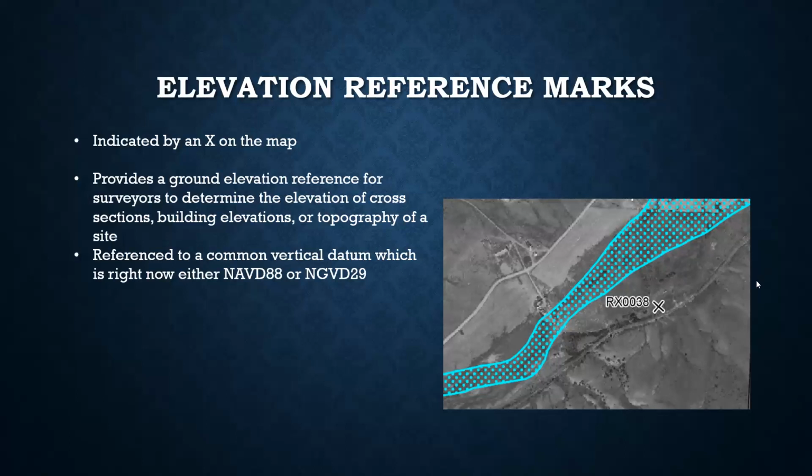This provides a ground elevation reference for surveyors to determine elevation of cross sections, building elevations, or topography of a site. Currently, you might have one of two vertical datums referenced.